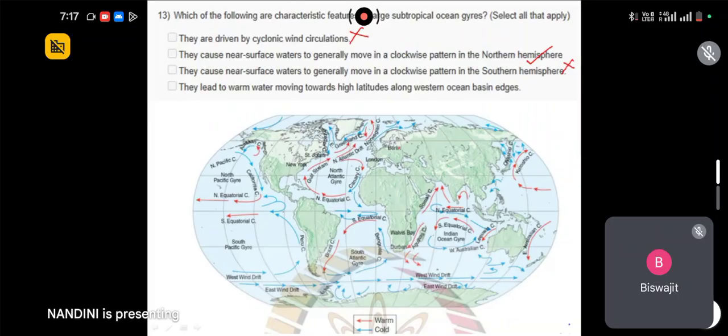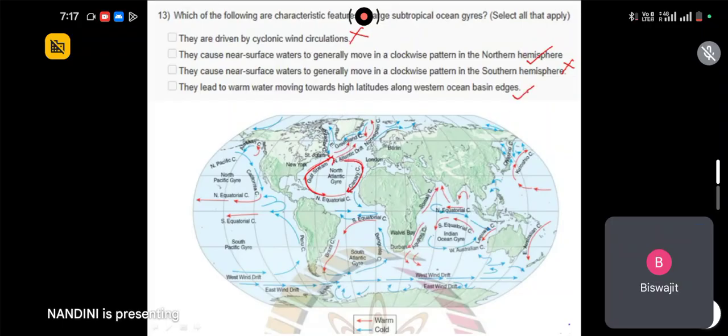Now, with respect to the ocean, this is the western side of the ocean and this is the eastern side of the ocean. So in terms of the ocean basin edges, the western ocean basin edges carry warm water, whereas the eastern ocean basin edges carry cold water. So this is true or false?